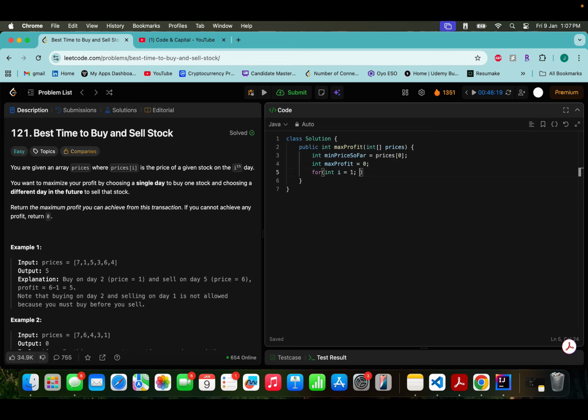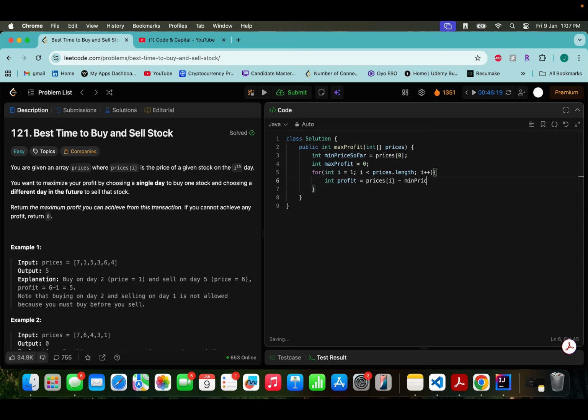So from the first day, I'll try to go all the way to the end, and I'll try to check what's the current profit. So the current profit would be if I sell on this day, right?